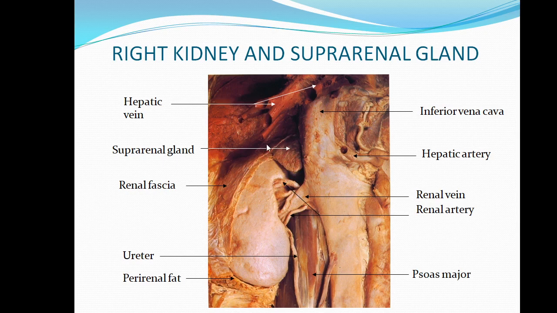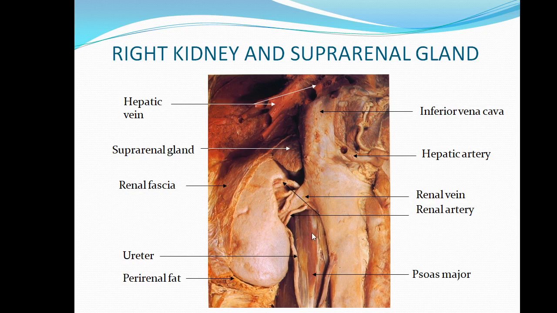Superiorly, the renal fascia fuses with the diaphragmatic fascia. Laterally, you can see the renal fascia is continuous with the parietal peritoneum. Here you can see the paravertebral gutter and pararenal fat.